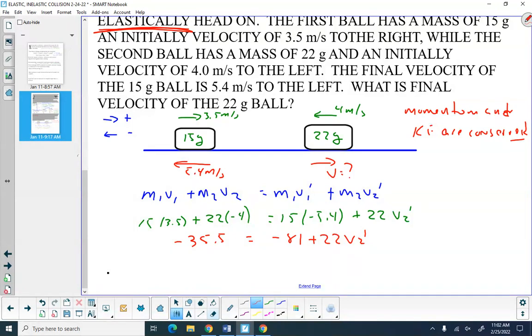Times 5.4, get 81. So we can add our 81 to both sides to solve the equation here and divide by 22.